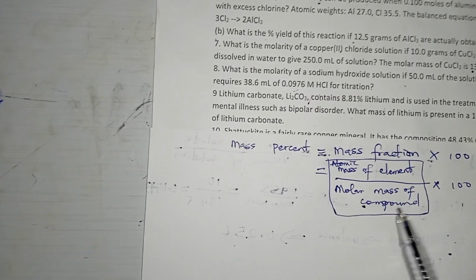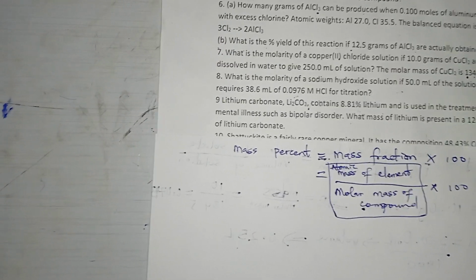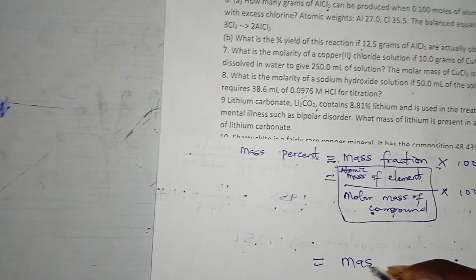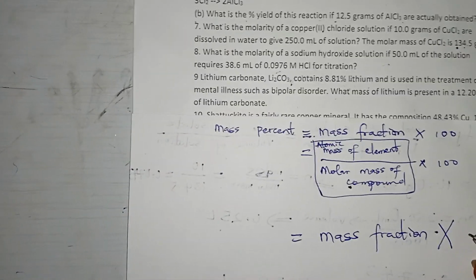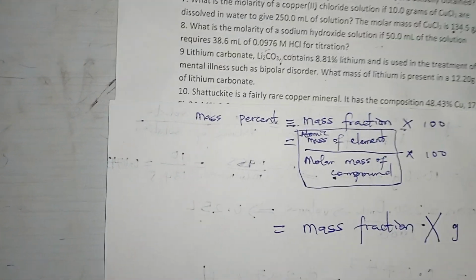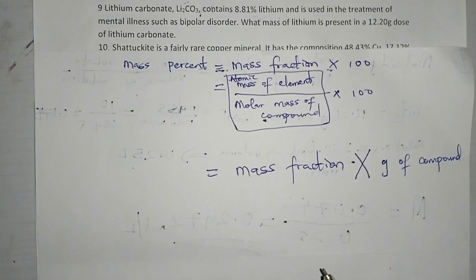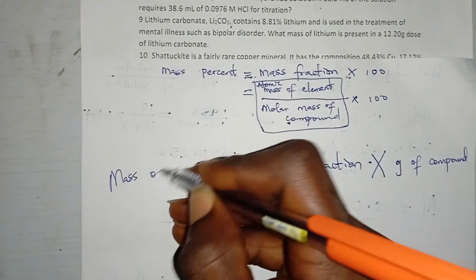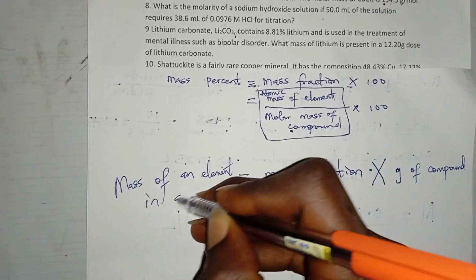Now if they ask what mass of an element is in a compound and they give you a value, say it's present in 12.20 grams of a compound, that means it is going to be the mass fraction times that value given, that is, the gram of compound.